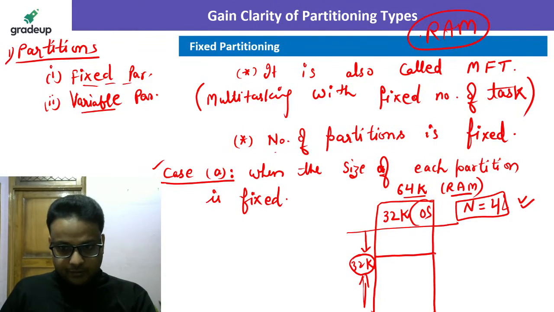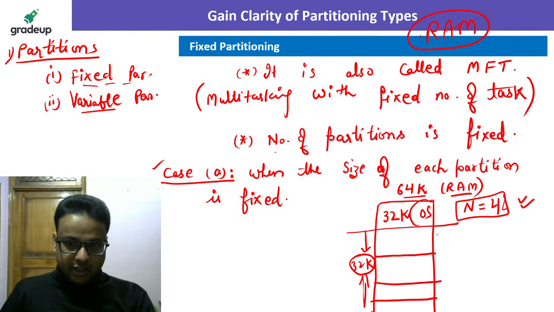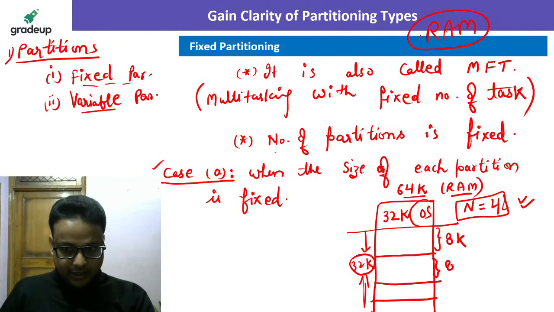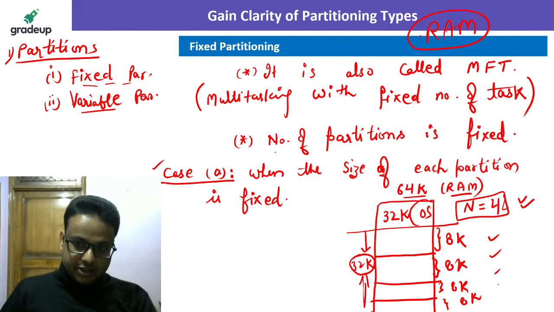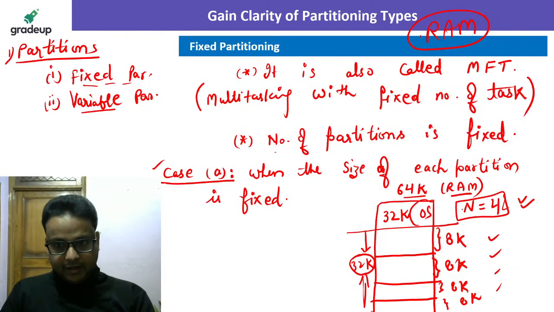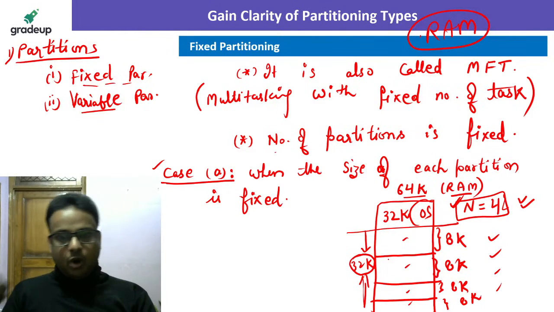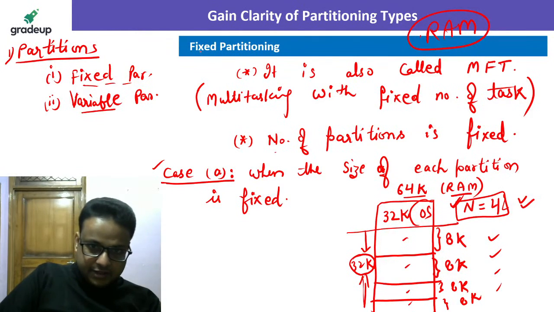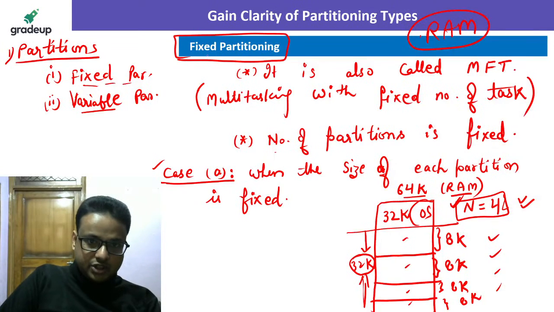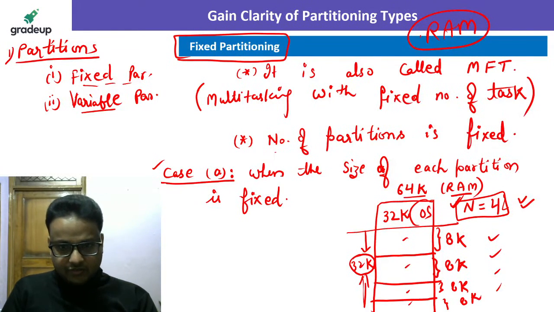Let's say 1, 2, 3 and 4: this partition will be 8K, again 8K, again 8K, and here also 8K. So the number of partitions is also 4. Because it is fixed, that is the reason we call it fixed partition. Case A is when the size of each partition is fixed.